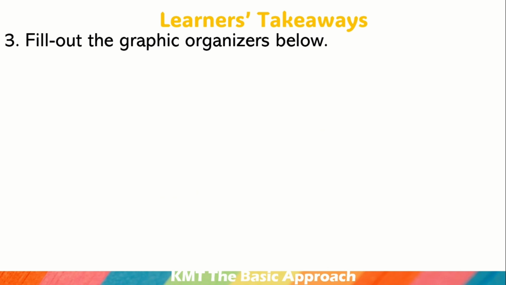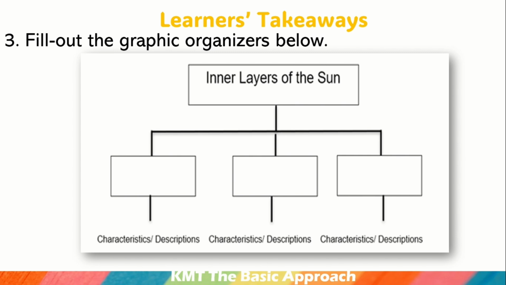Number 3. Fill out the graphic organizers below. This is for part 1, Inner Layers of the Sun. Let us now fill out the graphic organizers. Let us first proceed to core.